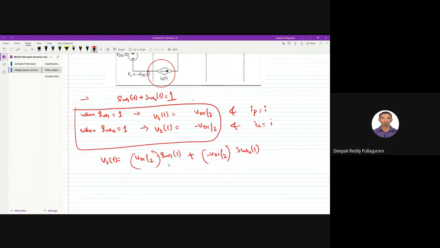Can I say this? Yes, sir. VT overall for the duration. And similarly, I can say IP of t is nothing but the net current flowing through switch 1, IS1 of t, and IN of t is nothing but the net current flowing through switch 4 of t.